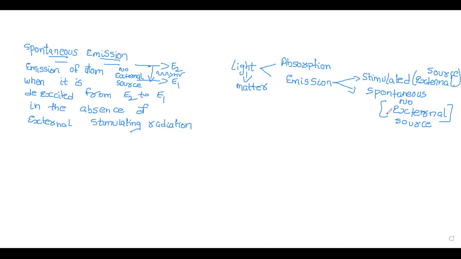In the next class, we'll discuss the Einstein coefficients. This particular concept was given by Einstein. What is our aim in studying laser light? Laser light has lots of applications. First of all, we need to understand the concepts related to light radiation.